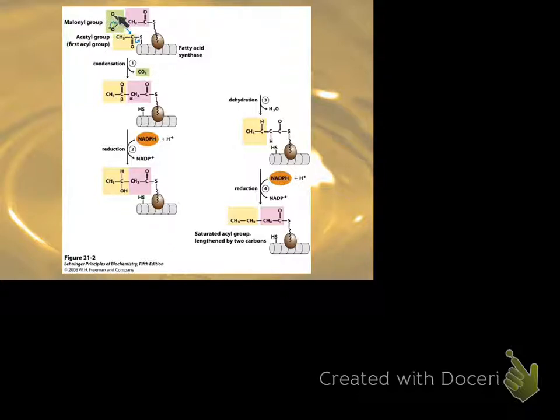So we see electrons that go and smack into that carbon. Something has to break or leave, and what breaks is the bond between the two carbons, and it attacks the carbonyl group. What they're not showing is that you get that tetrahedral intermediate. Once we get the tetrahedral intermediate, just like always before, you get the collapse of the tetrahedral intermediate, and it kicks off the thiol on the fatty acid synthase.